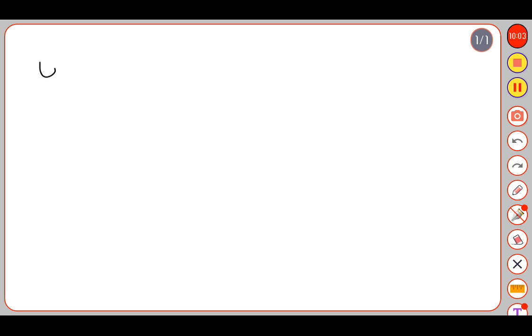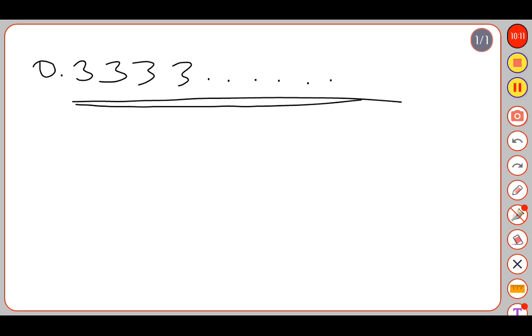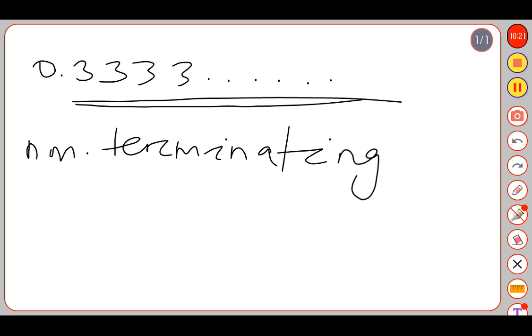Again, if the numbers are repeating like this, so here the numbers are repeating, so in this case we can say that it is non-terminating recurring.